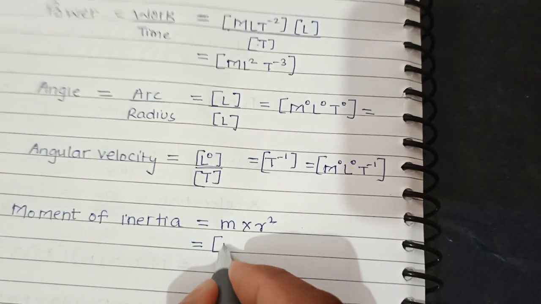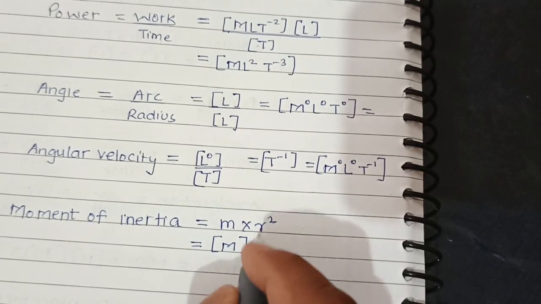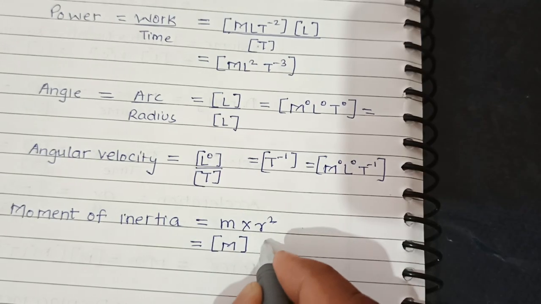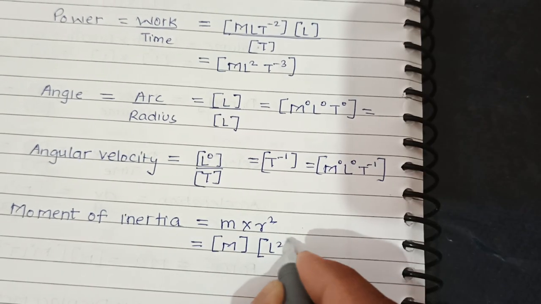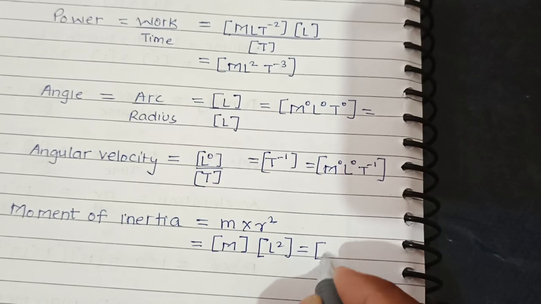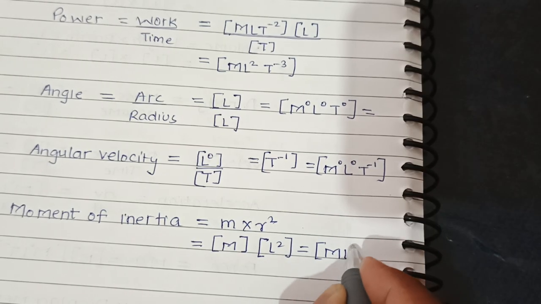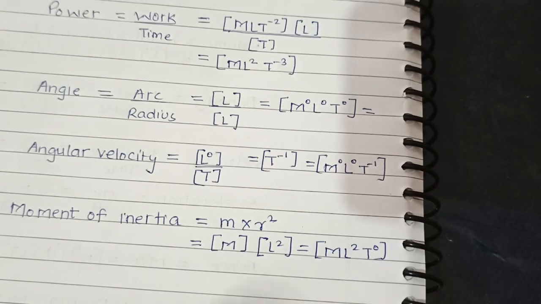This is M and that is L square. So that is M L square T to the power 0.